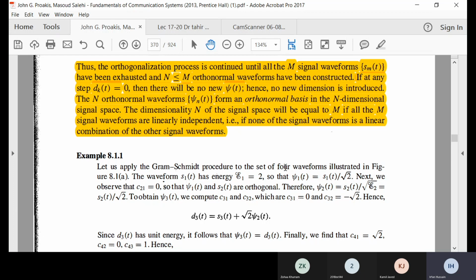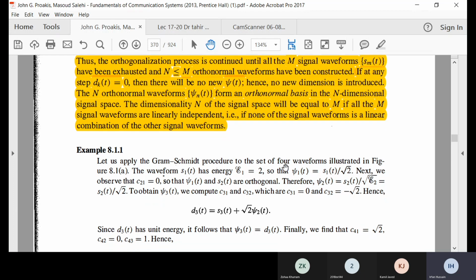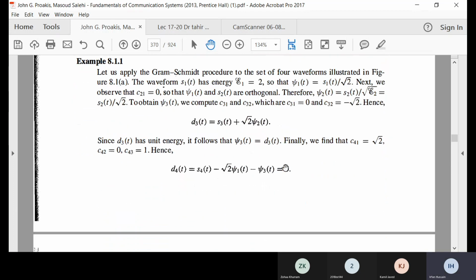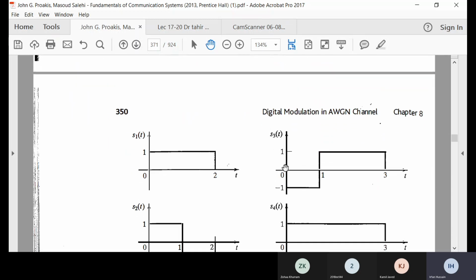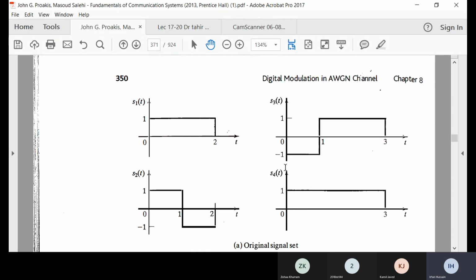We were studying one example of how to apply it. We saw that we had these four signals, and from them I obtained psi1 from S1 by dividing S1 by the square root of its energy, which comes out to be 2. 1 square times 2 is 2. So S1 divided by under root of 2 gives you psi1.